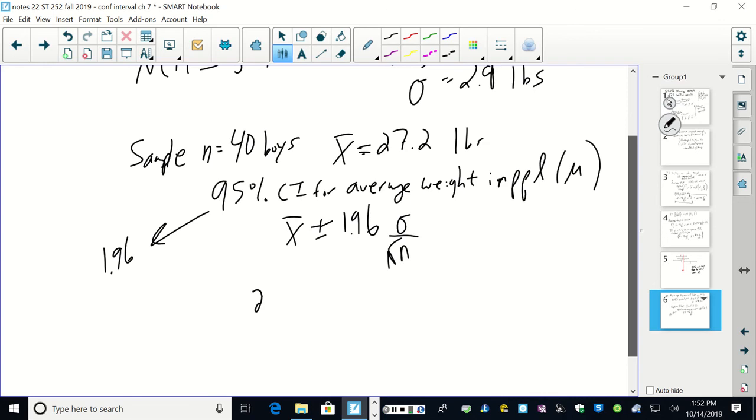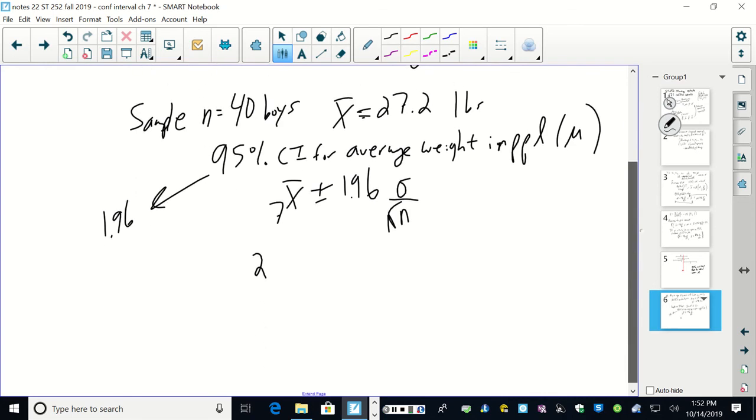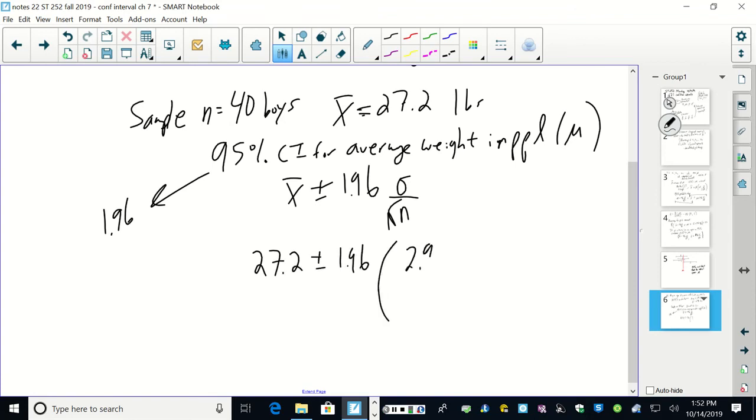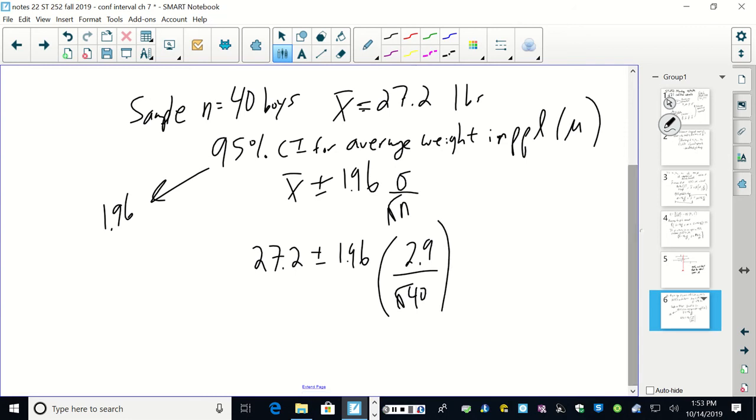So it's a matter of just putting in the numbers. 27.2 plus or minus 1.96 times 2.9 over the square root of 40. This standard error is 0.4585, rounded up.